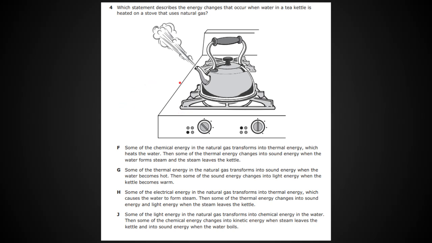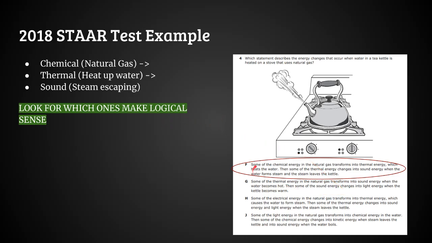We see here in this question that it's asking what the energy transformation is. As we find in our answer, the chemical energy from the natural gas down here is turning into thermal energy, which heats the water, which pushes out some sound energy through the little thing here that makes a whistle.